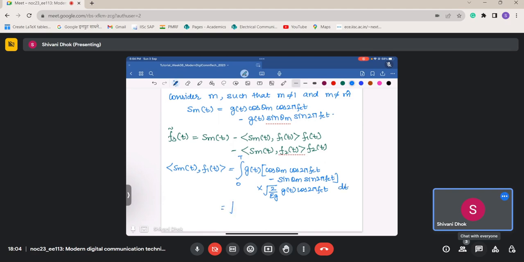Okay, so this is equal to under root 2 by Eg, integral from 0 to T g square t cos square 2 pi fct dt multiplied by cos theta M, minus under root 2 by Eg integral 0 to T g square t cos 2 pi fct sin 2 pi fct multiplied by sin theta M dt.